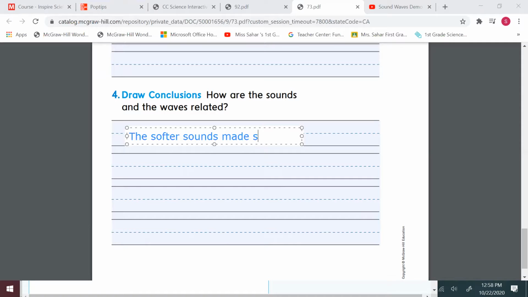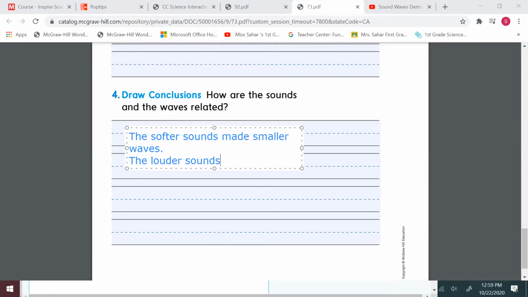Very good. Softer, smaller waves, right? And then the louder sound. Louder sound made larger. Very good. Larger waves.